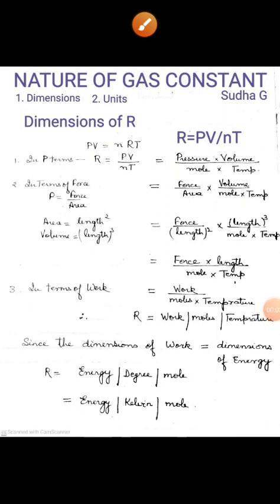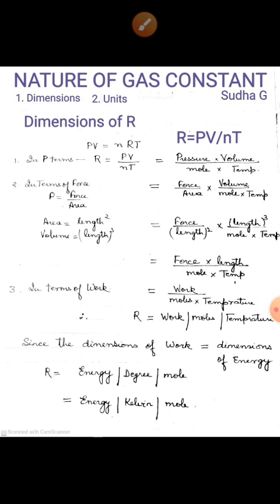In today's lecture, we will discuss the nature of gas constant R. R is a universal gas constant which is derived from the equation of ideal gases or gaseous state equation of ideal gases.